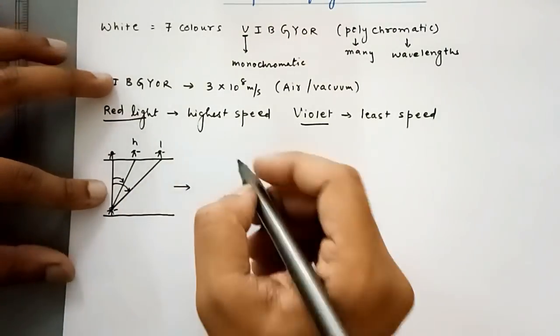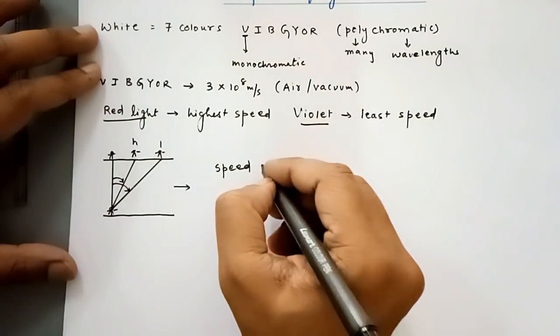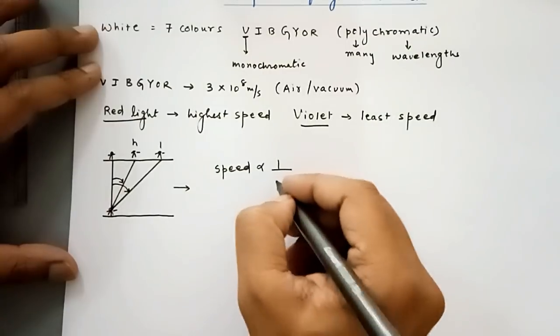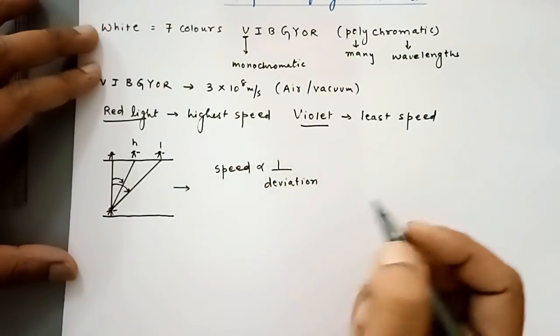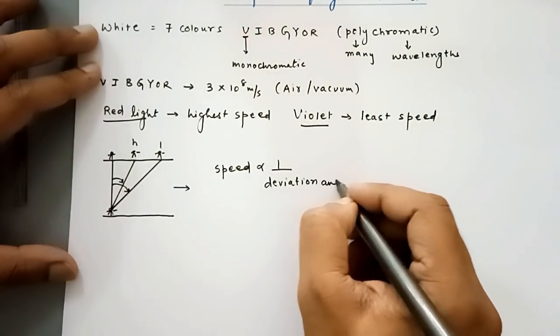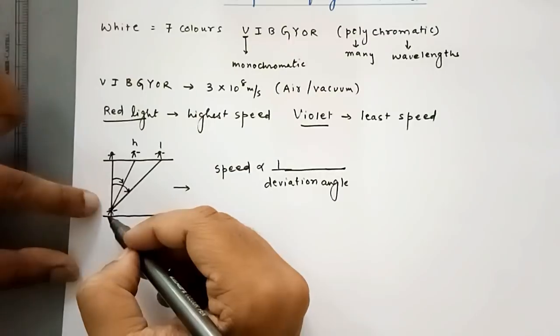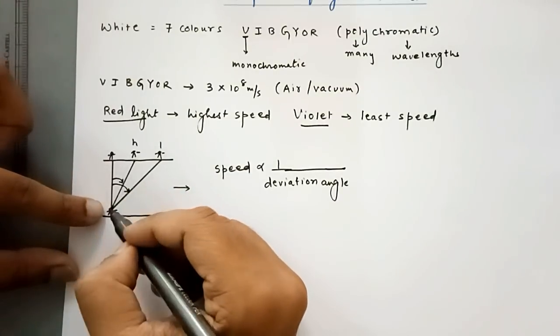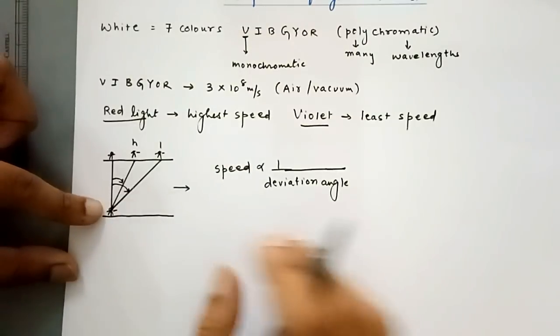So from here we can say that speed is inversely proportional to the deviation angle. Deviation is a type of angle which purely depends upon speed. So instead of going straight, he reaches over here, so he is deviating by this much angle.